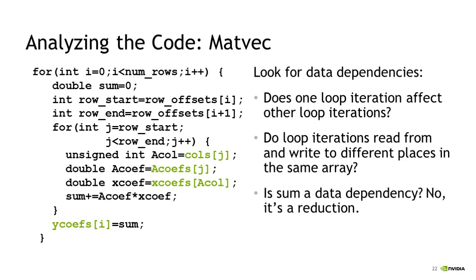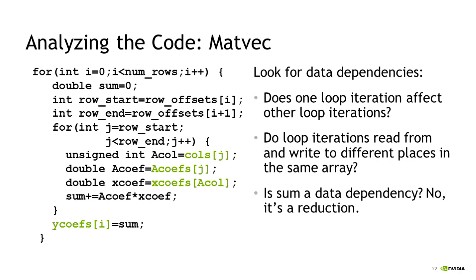The same with A coefs, same with X coefs. The only place I'm writing is down here to Y coefs. So there's no place here where I would read from and write to the same array within the same loop. If I look more closely, there's no places here where iteration 1 would affect iteration 2 of any of these loops, for instance.